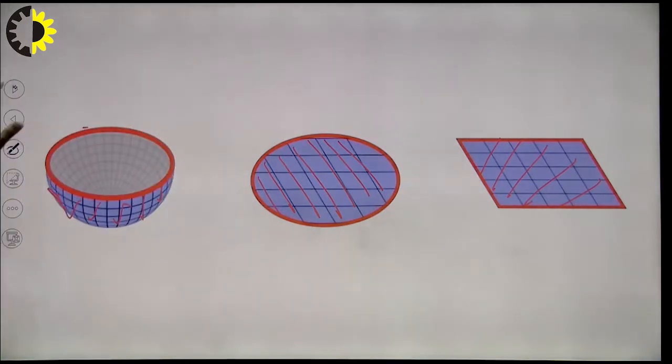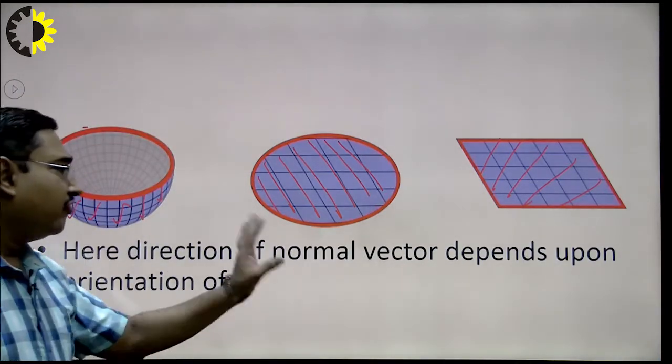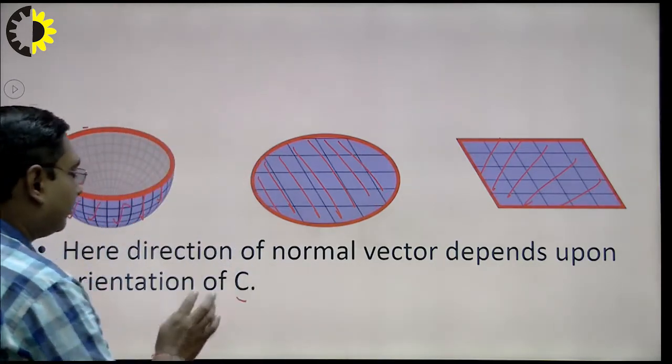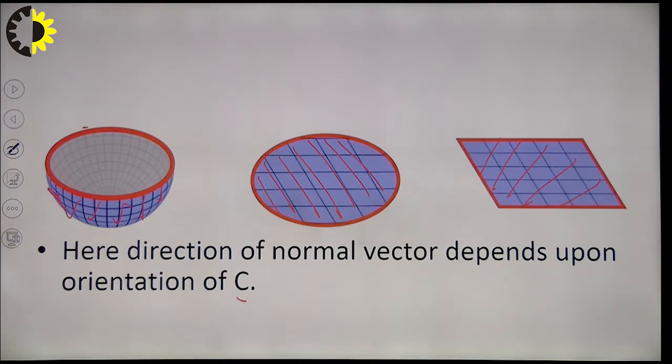Here the direction of the normal vector depends upon the orientation of curve C. What does it mean?